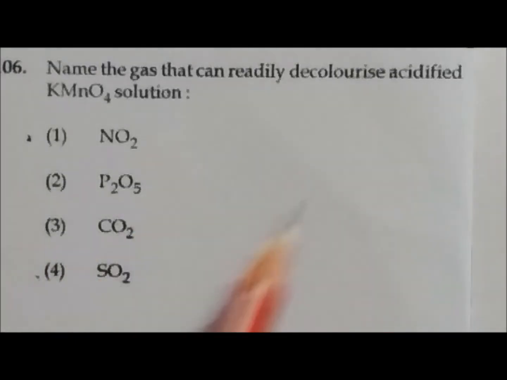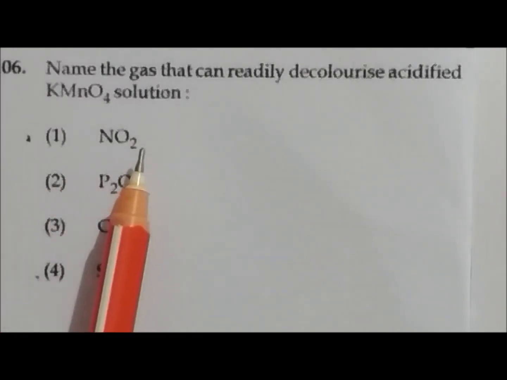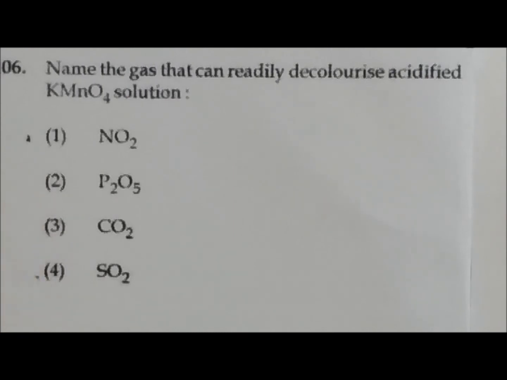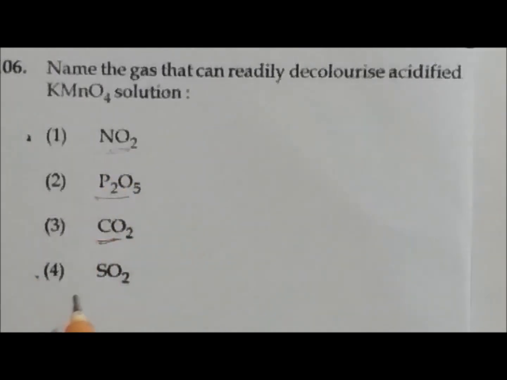Name the gas that can readily decolorize acidified KMnO4 solution. This is the basic fact here. CO2 is not possible, P2O5 not possible, N2 not possible. Only sulfur dioxide is able to decolorize the potassium permanganate solution, and it will convert into sulfate.